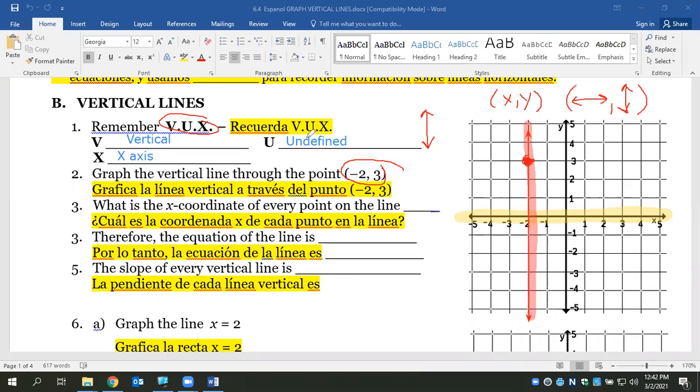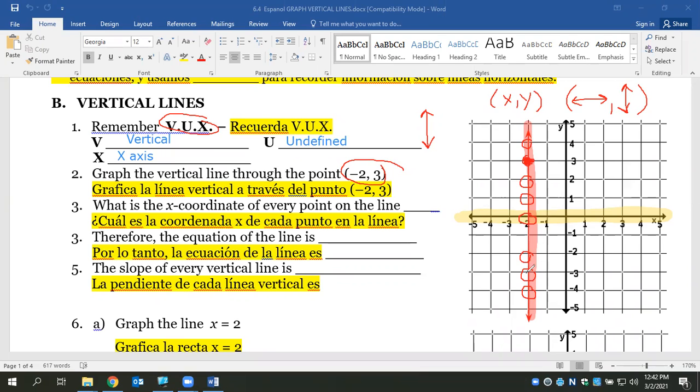Okay, and the question is, what is the x coordinate of every point on the line? Well, the x coordinate is right here, -2, even down here, -2. This would be -2, -2.